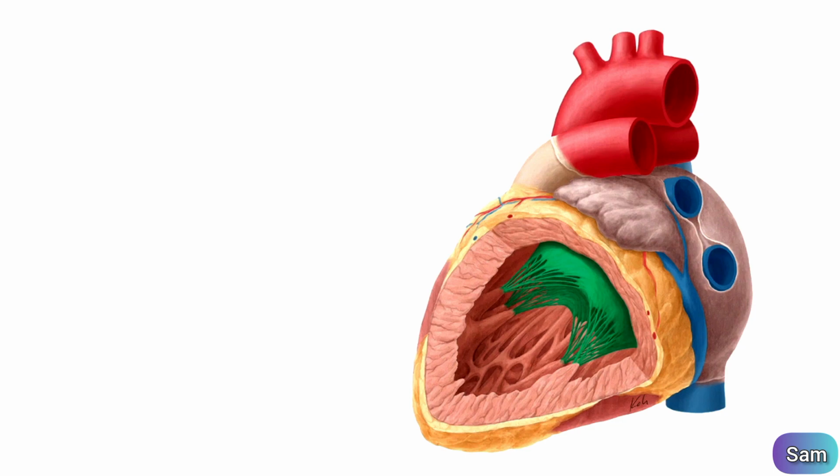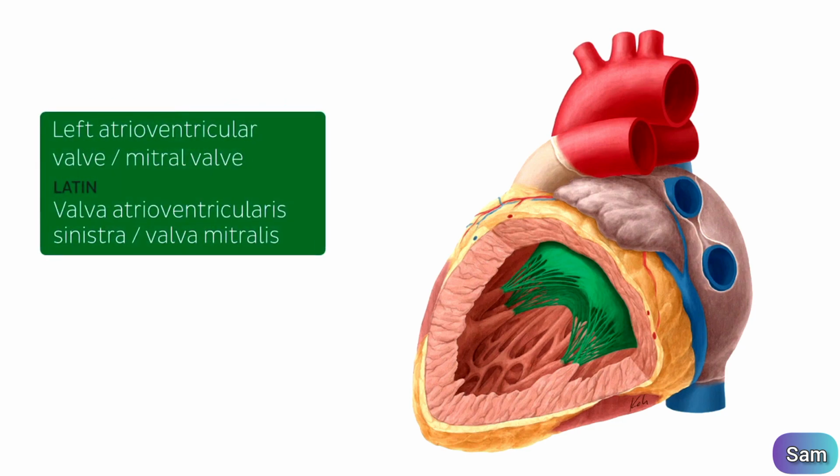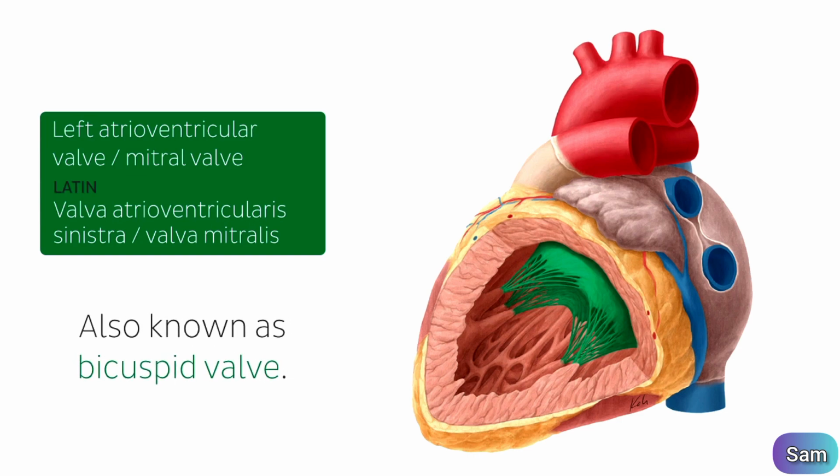And right now we're looking at the mitral valve, or the left atrioventricular valve, highlighted in green. We just made here a cut on the left ventricle of the heart, and we can then expose here the left atrioventricular valve, or the mitral valve. You can also call this valve the bicuspid valve, because as the name indicates, bi meaning dual, cuspid, cusp, flap.